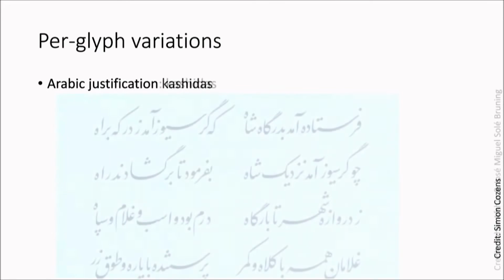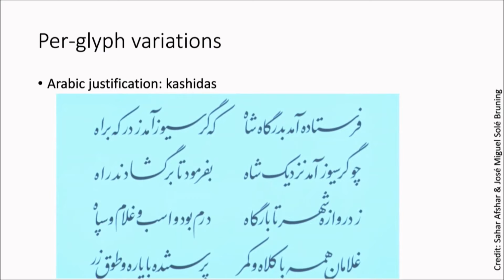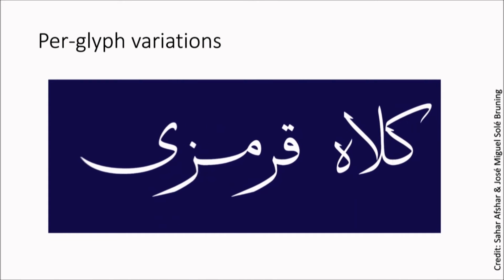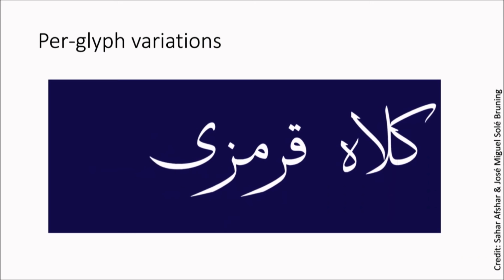But that's not really how Arabic script works. The idea of kashida is really extending, stretching the strokes that a calligrapher would write. And that's something that we could do with variable font technology, where we could say this glyph can be stretched out, it can be extended in particular ways.